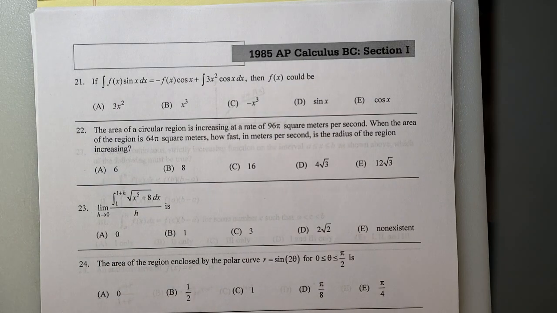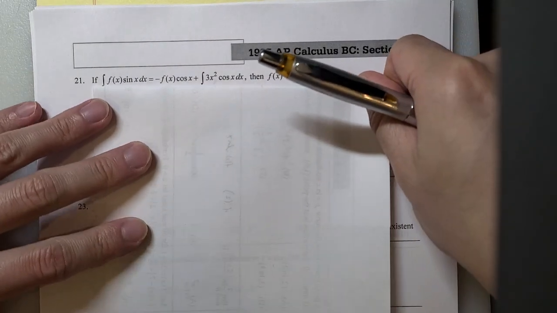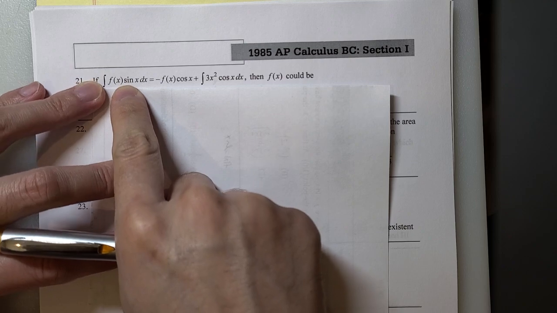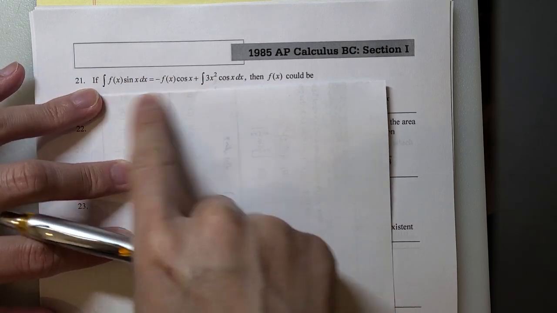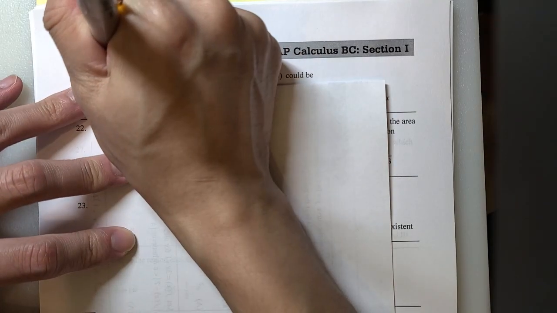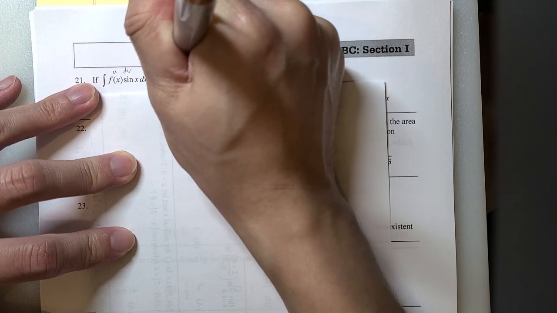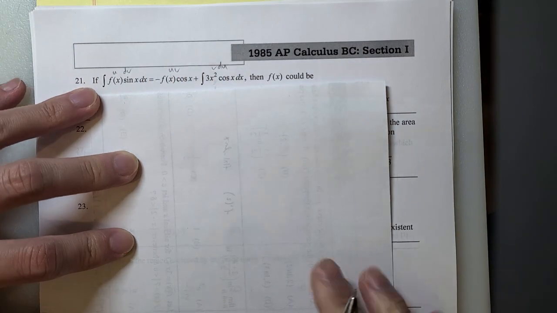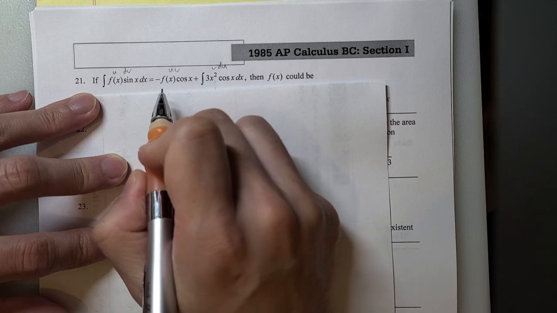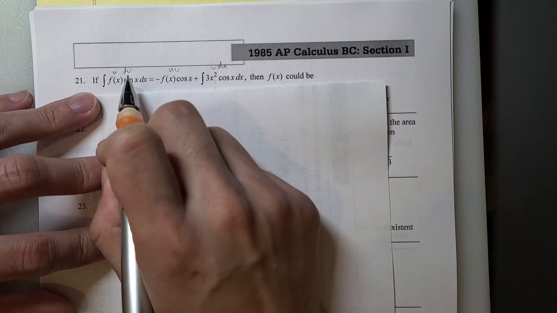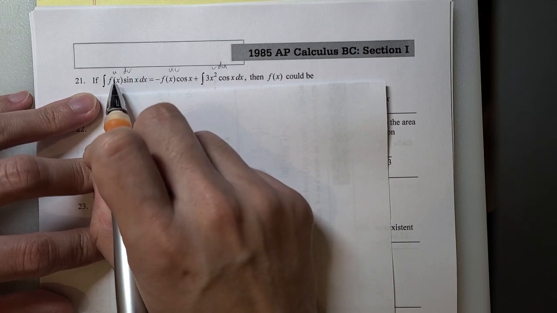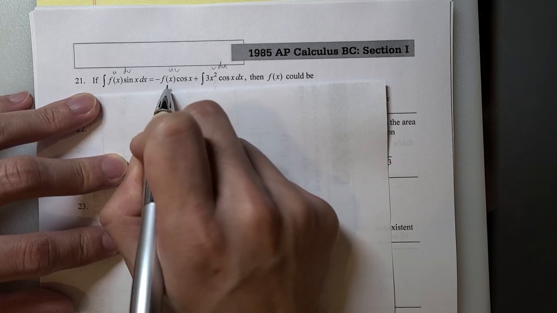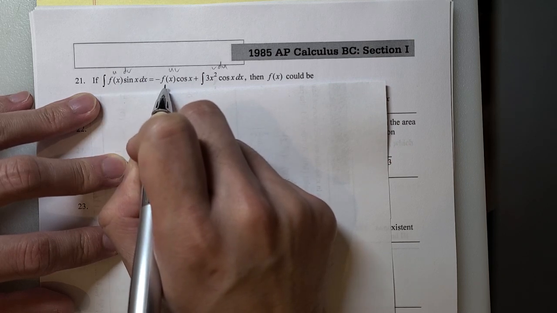integration by parts. Sine and cosine you can differentiate or integrate. So it looks like if this is u dv, then uv minus v du. It looks like u is f because they didn't integrate or differentiate that.